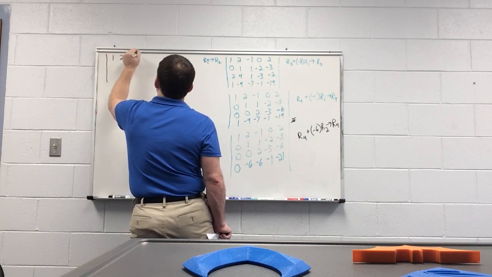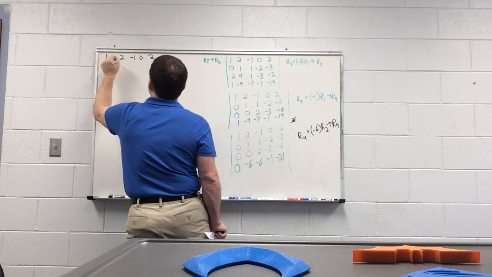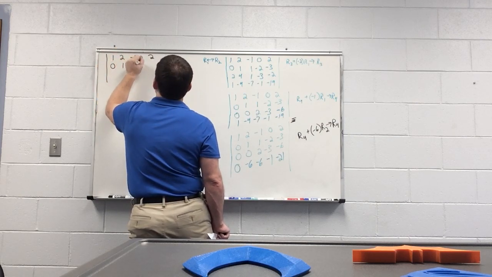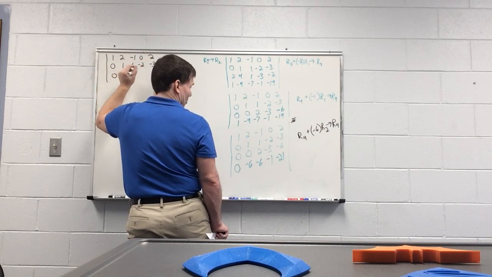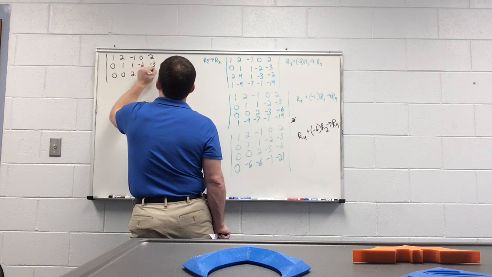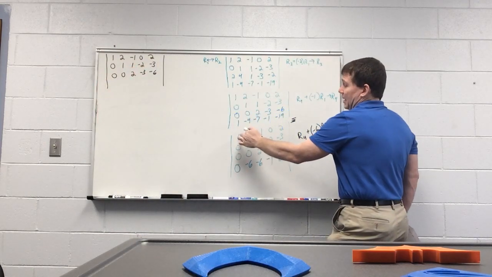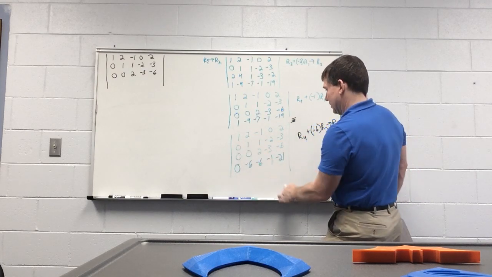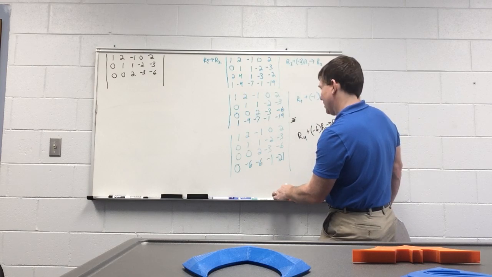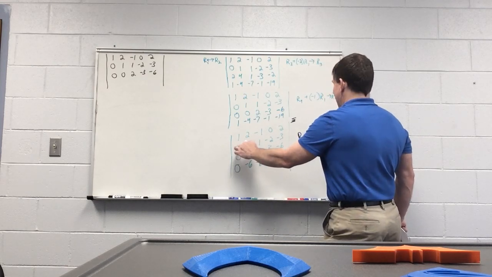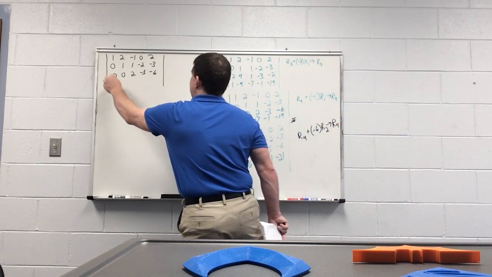So again, the first three rows stay the same. 1, 2, negative 1, 0, 2, 0, 1, 1, negative 2, negative 3, 0, 0, 2, negative 3, negative 6. And now for the last row, what am I looking at here? R sub 2, okay. Negative 6 times 0 is 0, plus 0 is 0.